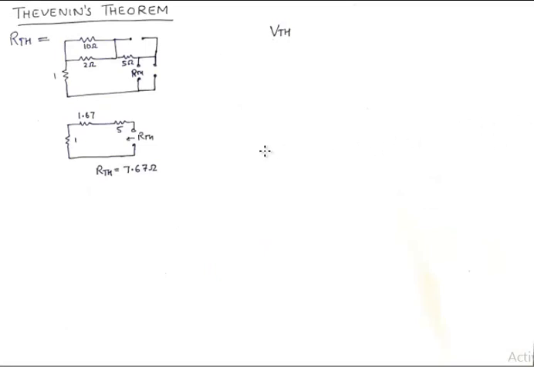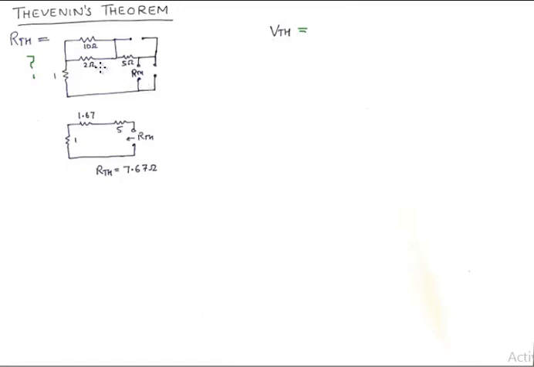In Thevenin's theorem, what we do is we reduce our circuit into a simpler network of one voltage source and its equivalent resistance, and then we connect the load in series to those two elements. So we are concerned about finding the internal resistance of the network RTH and the open circuit voltage at the load.